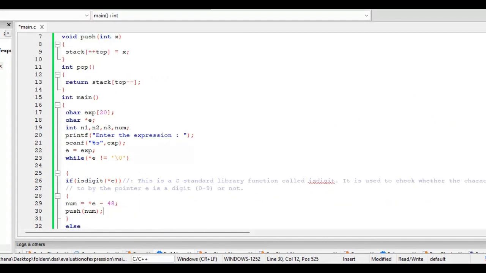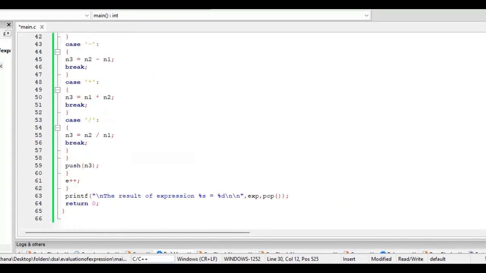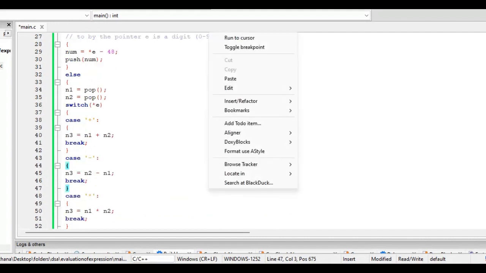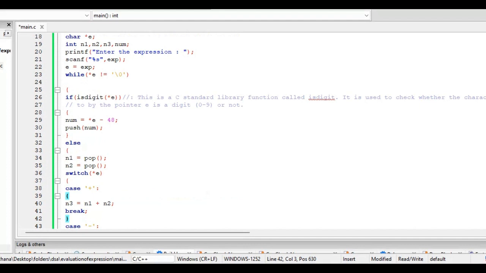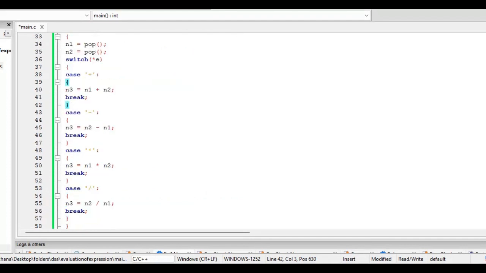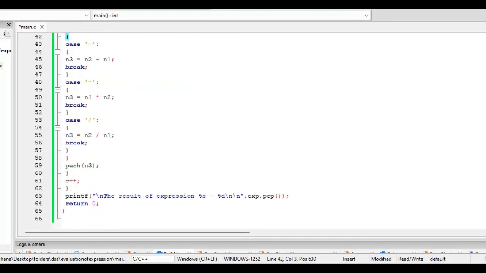While asterisk e not equal to null, e plus plus, we are placing the pointer to the next value. So printf, the result is x comma pop of something. What is this pop? Pop is stack minus minus. It will print what is inside the stack. I hope you understand.